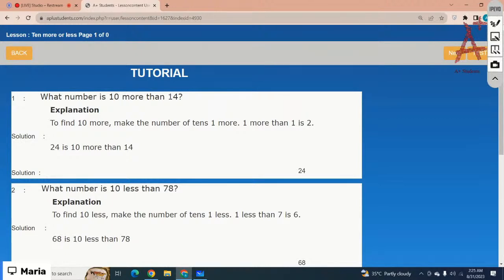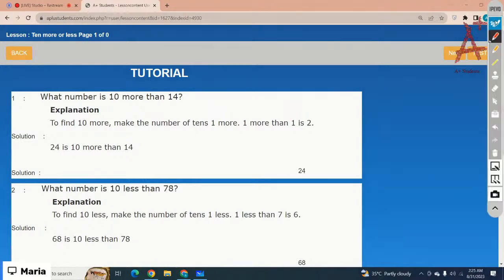To find 10 more, just add 1 to the tens digit. The number is 14. This is the tens digit. Just add 1 to the tens digit. 1 plus 1 is 2, so it would be 24, right?